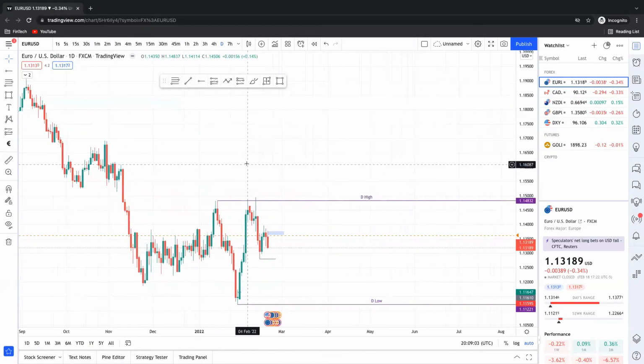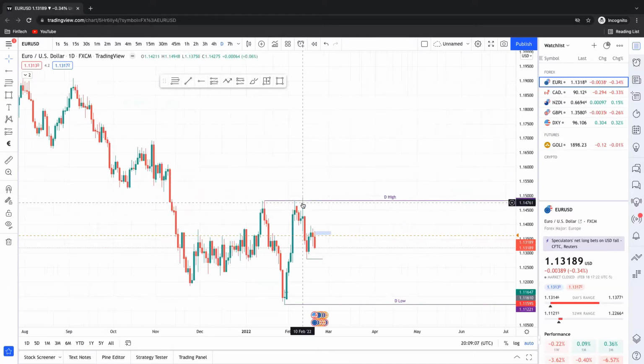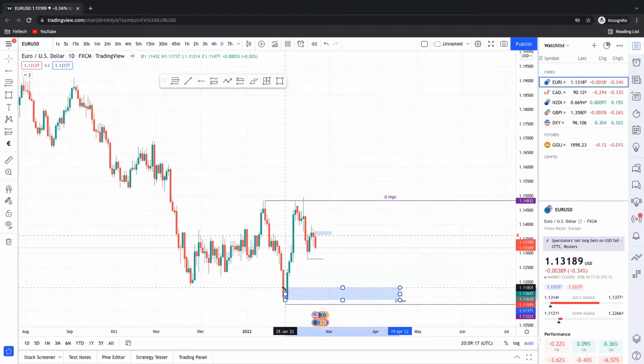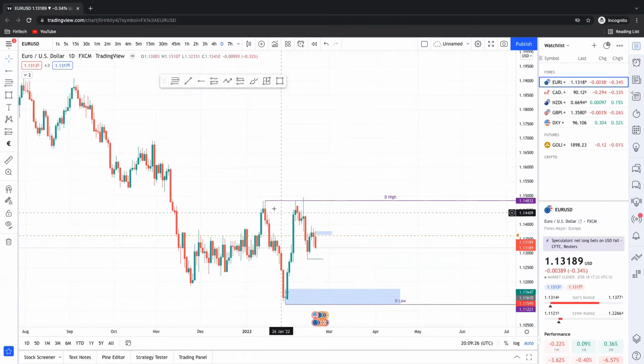So this is pretty much what we expected on the euro dollar after the spike. It's probably going to come to this inefficiency, or maybe this order block. Let's start with first things first: you need to mark lows and highs.